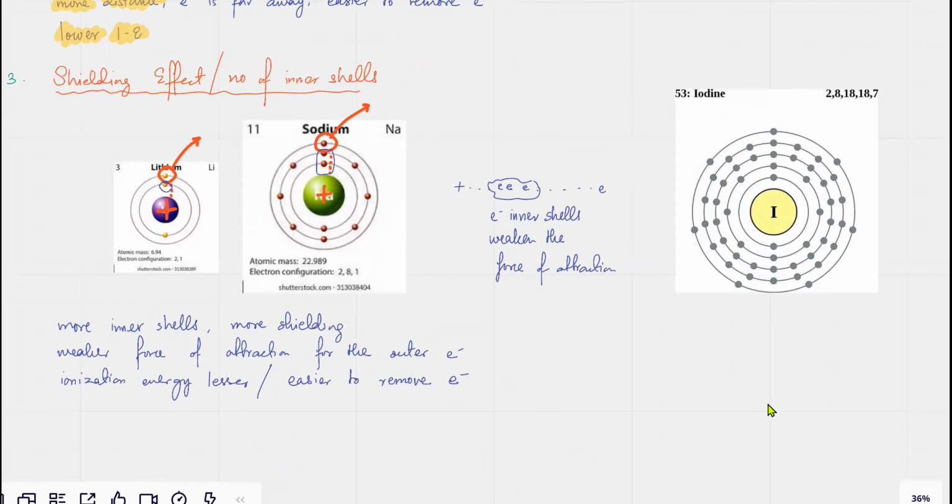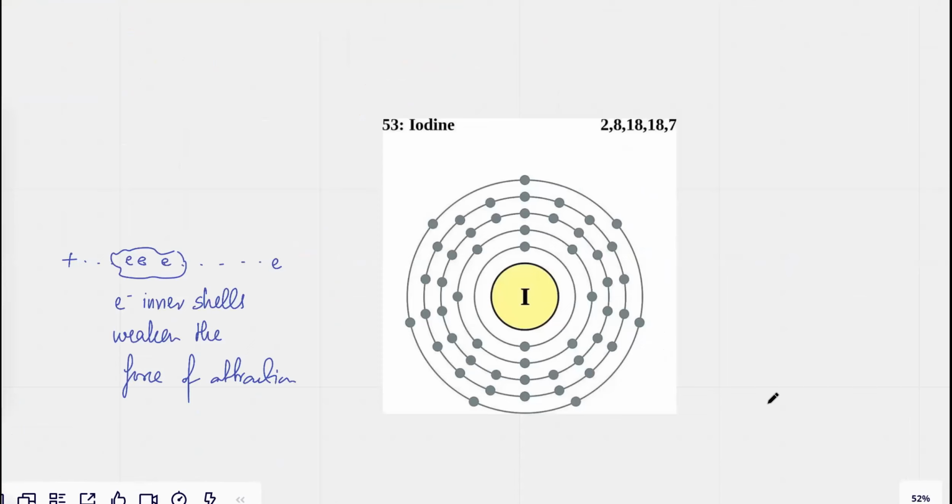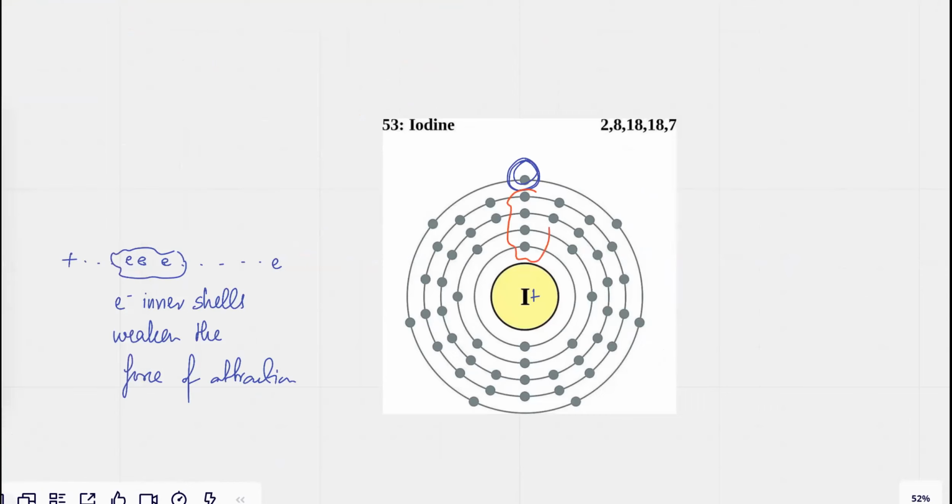So if you look at an iodine atom, here's your positive nucleus in the middle, and here's your outer electron. There are so many electrons coming in the way.